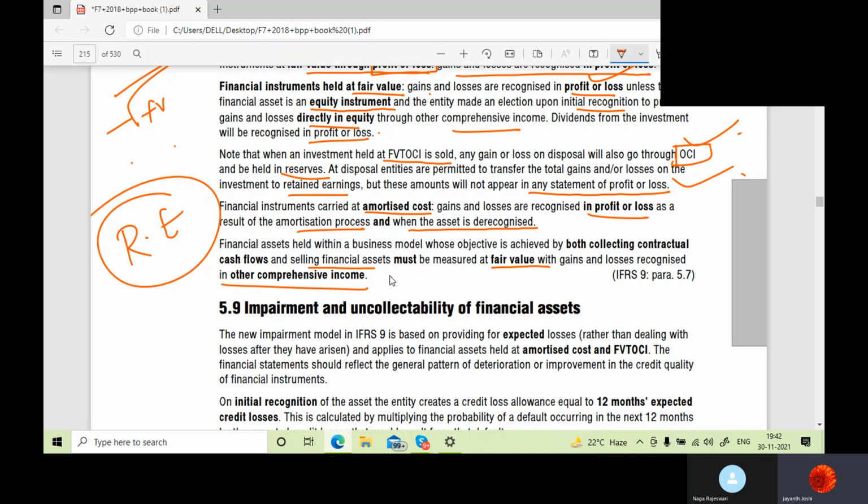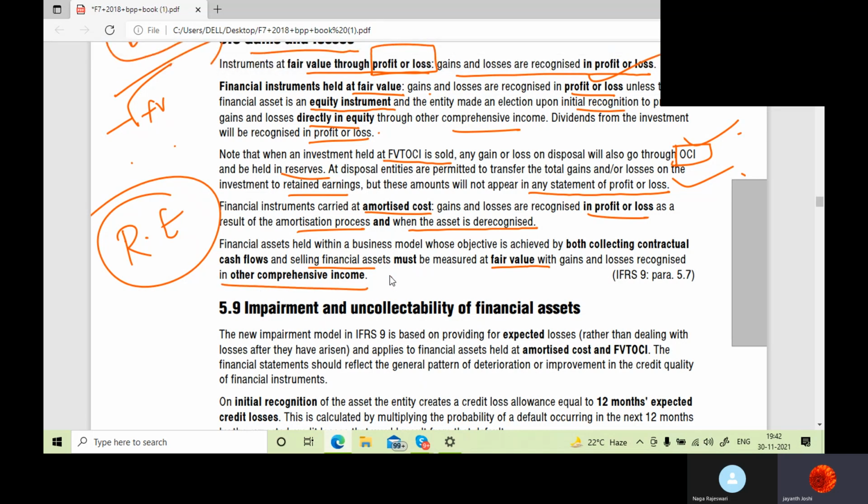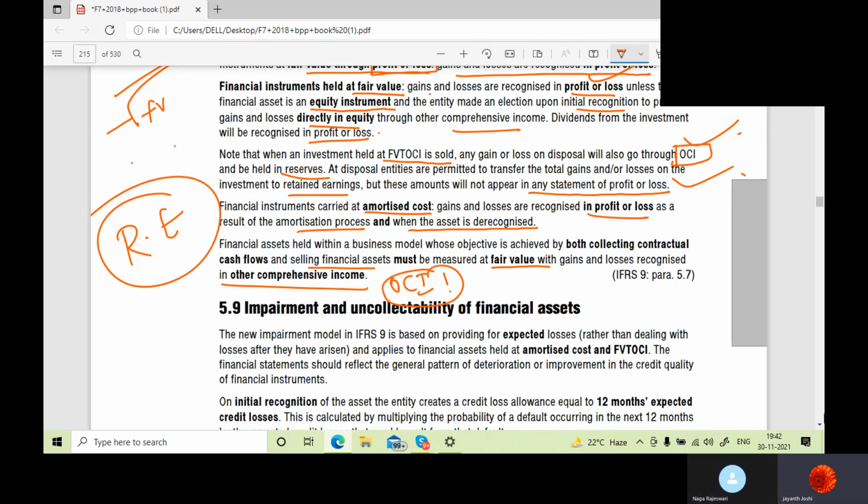That means he is speaking about the held for sale security. That means you want to hold it for some period of time, receive some cash flows and benefits out of it, and then after some point of time you want to sell it. So they should be measured at fair value and gains and losses shown in OCI. That's it.